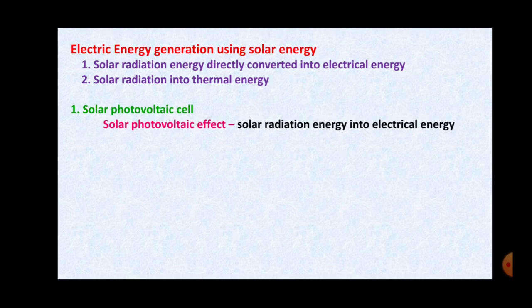Now this electrical energy which is generated through these solar cells is DC in nature. DC means direct current.